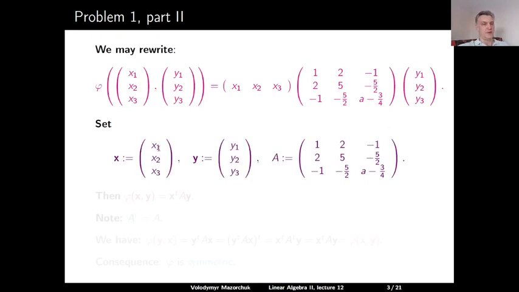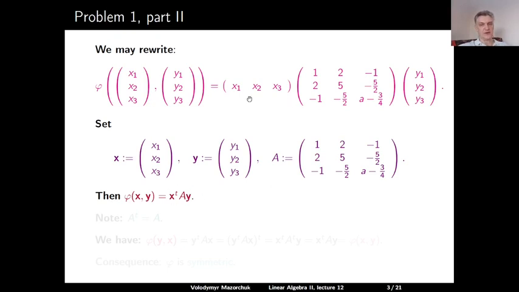So if we denote the column vector x1, x2, x3 by bold x, the column vector y1, y2, y3 by bold y, and this matrix 1, 2, minus 1, 2, 5, minus 5/2, minus 1, minus 5/2, a minus 3/4 by A, then we can write that the value of phi at the pair bold x and bold y of two vectors in R3 is equal to x transposed times A times y.